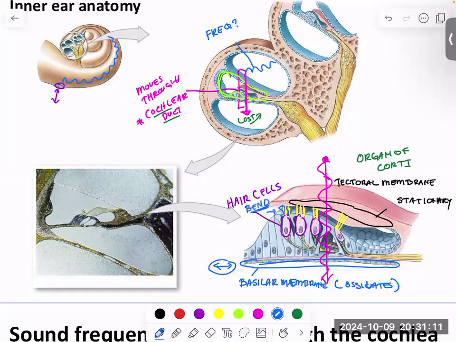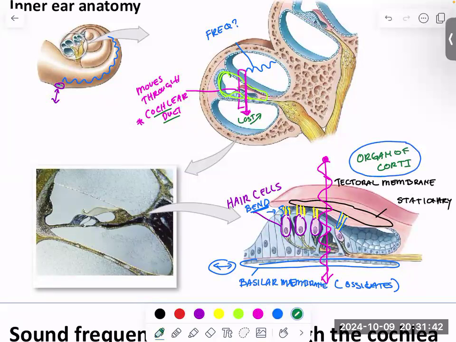When the hairs bend, you detect sound at that frequency. So what you're really detecting when you detect sound is where are the hairs bending on the hair cells? Where are they bending in the cochlea of the organ of Corti?